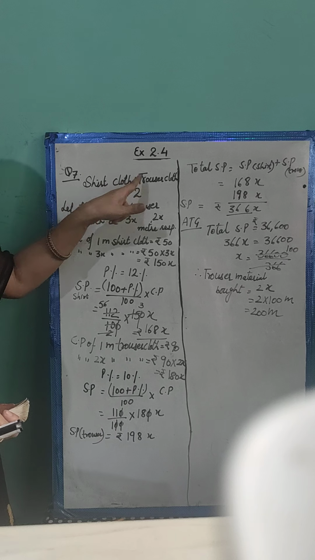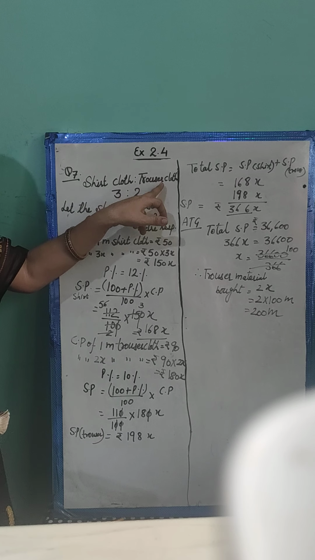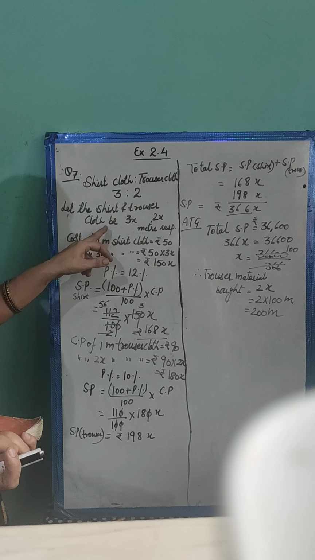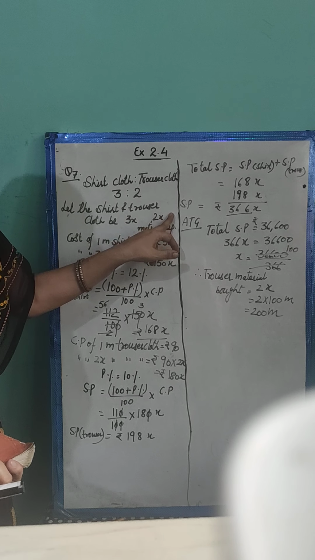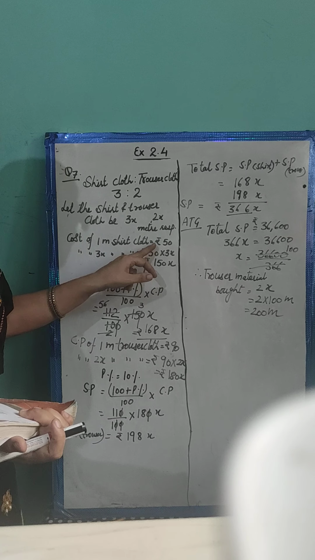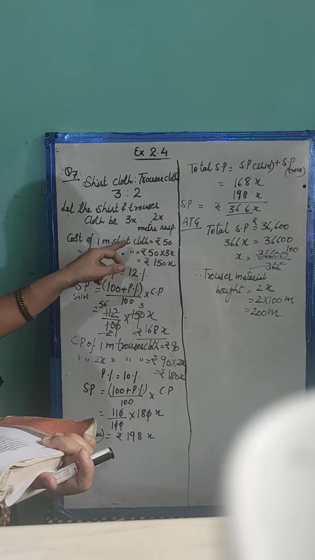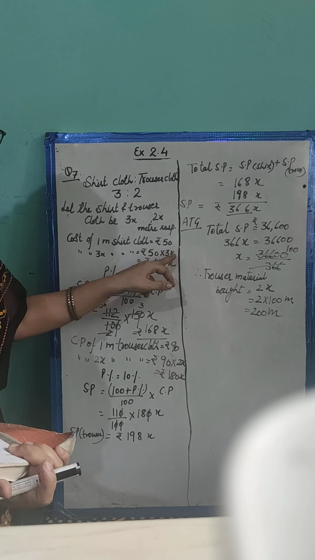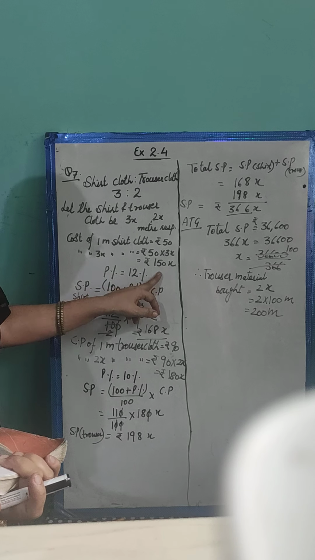So the ratio of shirt cloth to trouser cloth is 3:2. Let the shirt and trouser cloth be 3x and 2x meter respectively. Cost of 1 meter shirt cloth is 50 rupees. So 3x meter shirt cloth is 50 into 3x, 150x rupees.